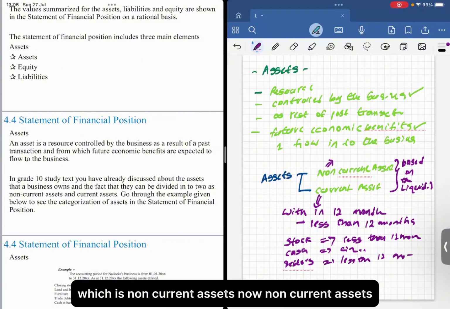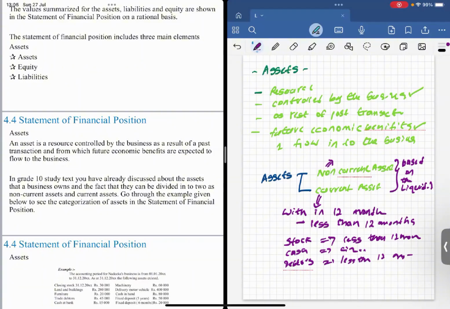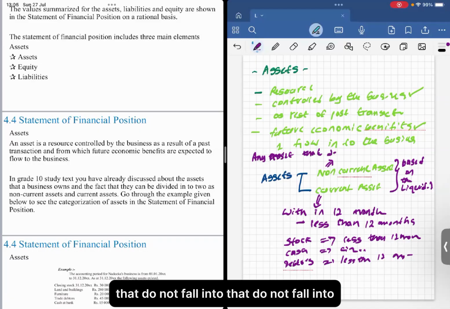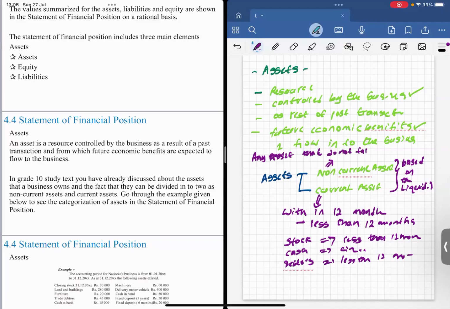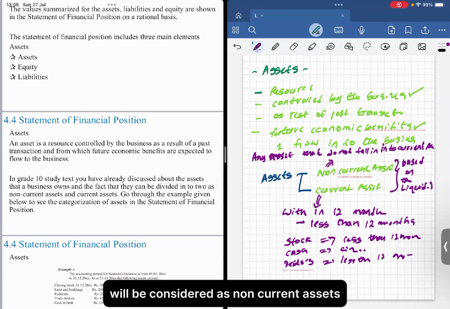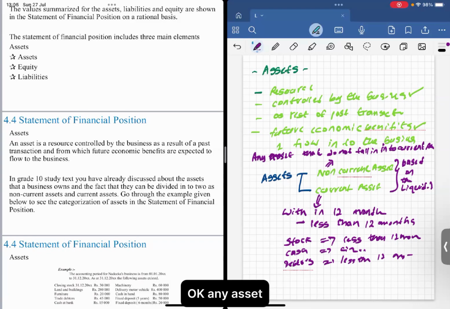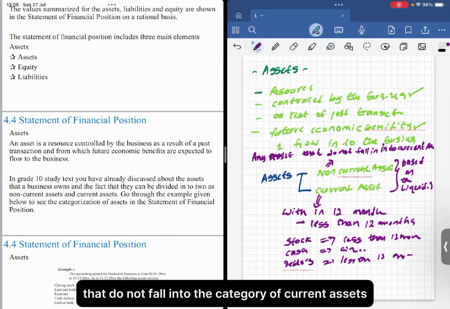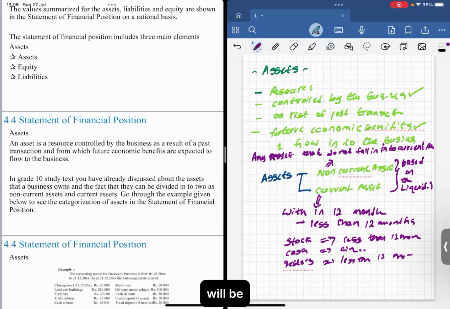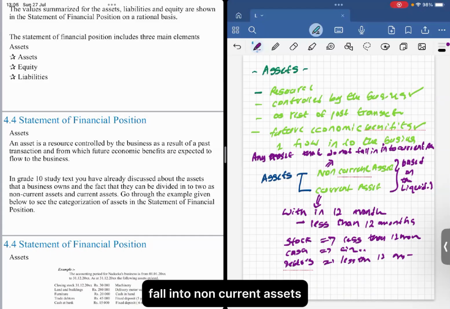And then we have the other form, which is non-current assets. Any asset that does not fall into the category of current assets will fall into non-current assets.